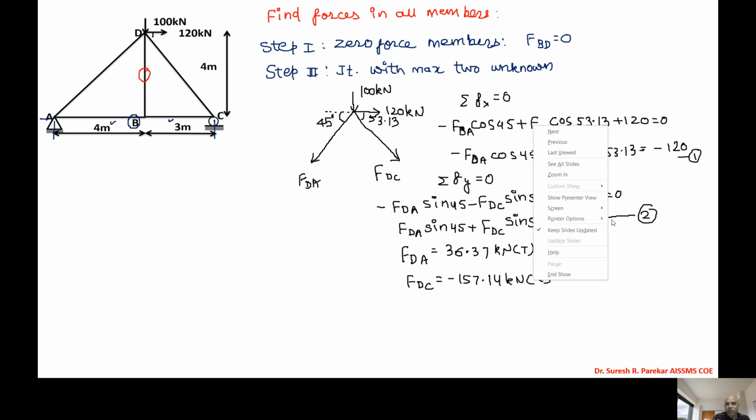So the value in DA is plus, that is tensile, 36.37, and the value in DC is minus, so compression, 157.14.